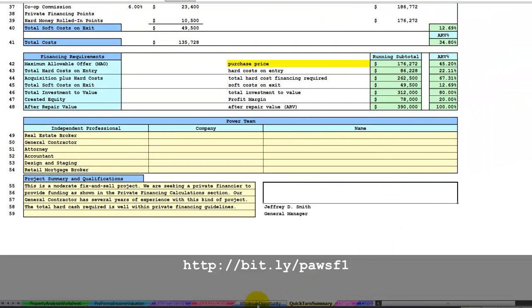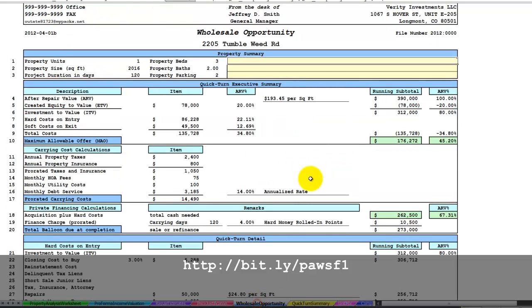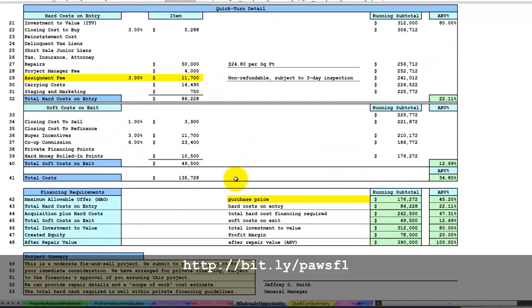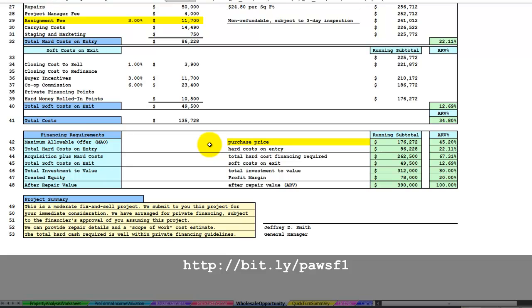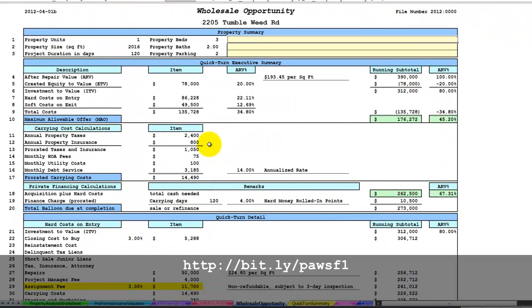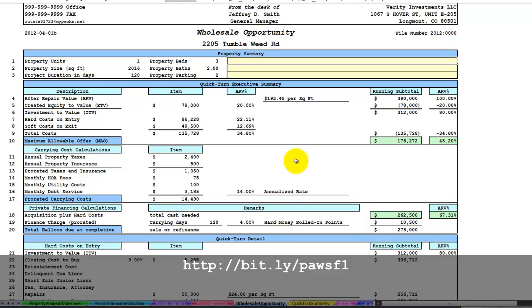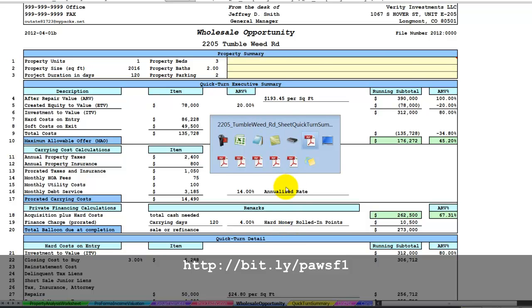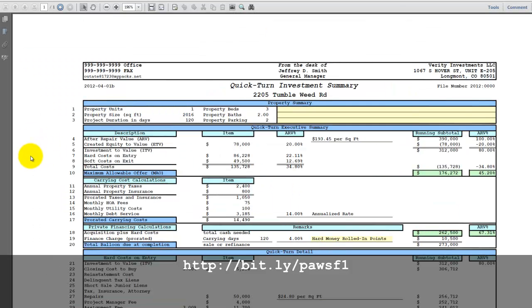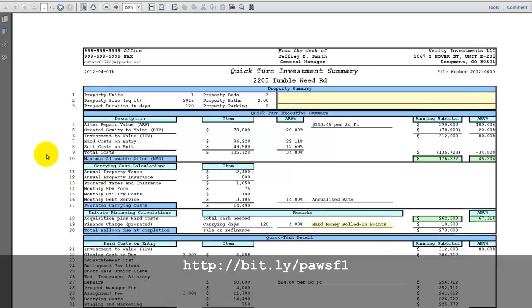Now if I were flipping this deal, I would use the wholesale opportunity sheet, which basically has the same information. This is the PDF version of that quick turn investment summary spreadsheet.